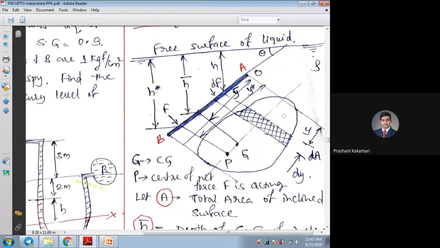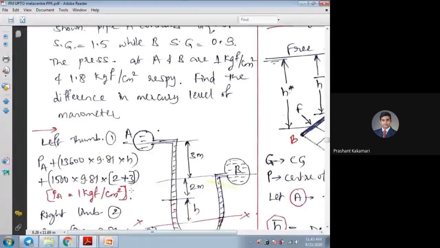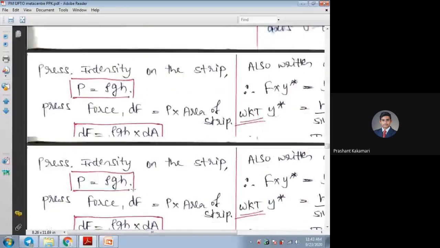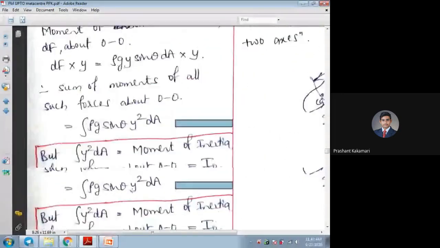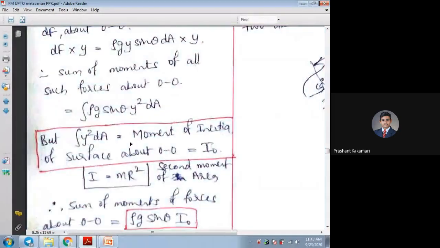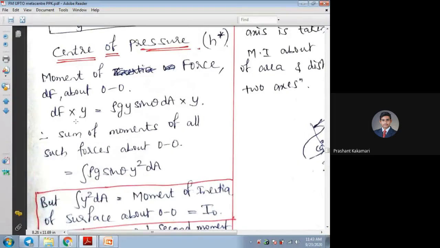That is the moment of force. Why are we taking the moment of force? To consider the pressures. Take the same equation, dF equals rho g y sin theta, or you can write h, rho g h into dA into y. So I have multiplied both sides by y to make it the moment about point O or point A.